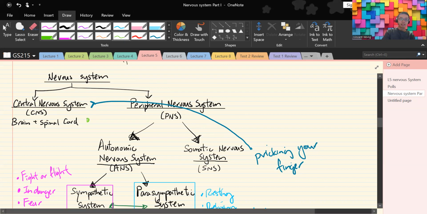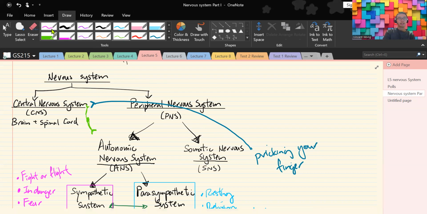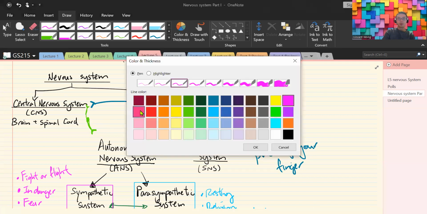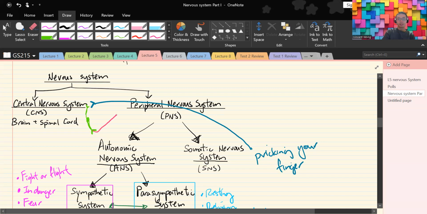In there, that's where you will have the interneuron. And then what will the interneuron do? Well, the interneuron will send the appropriate motor response back out into your PNS, right? And then it will tell you to remove the finger.